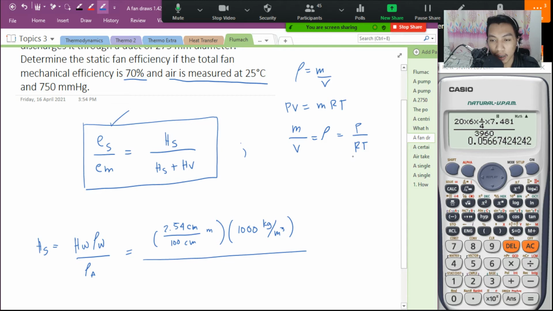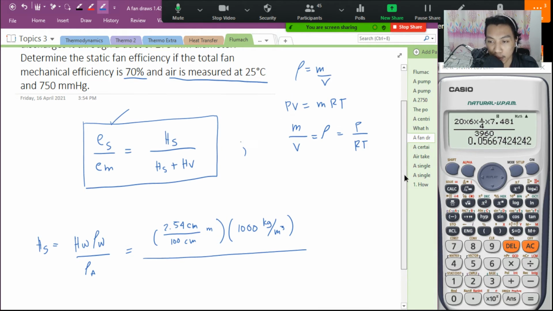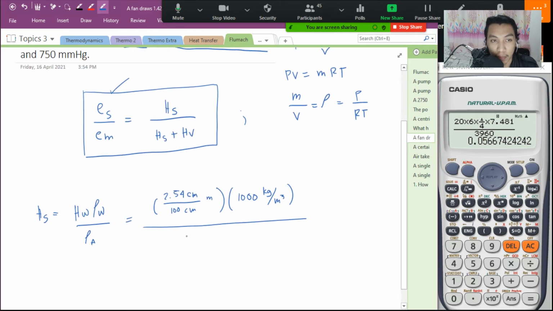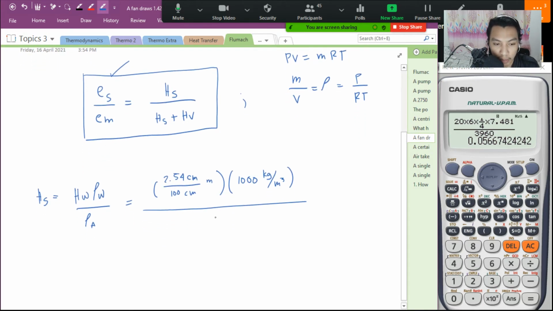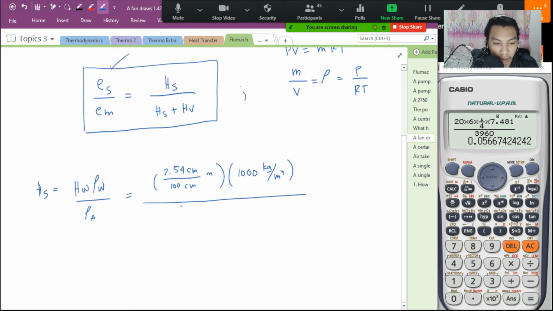Where R ng air is constant, okay? And then the T should be absolute and then the pressure. So, atmospheric naman daw yung pressure niya dyan? Hindi. 750 millimeter Hg ang binigay. Hindi sa atmospheric. Okay? Convert pa natin yan. So, M over V is P over RT.